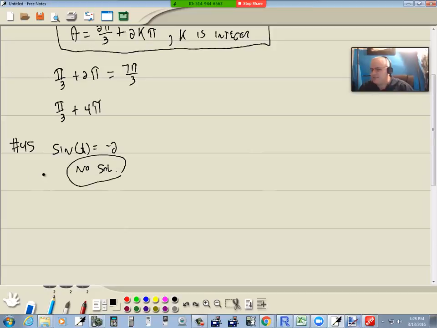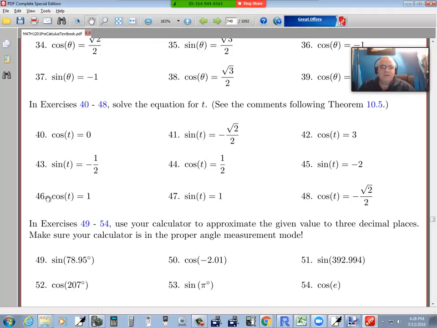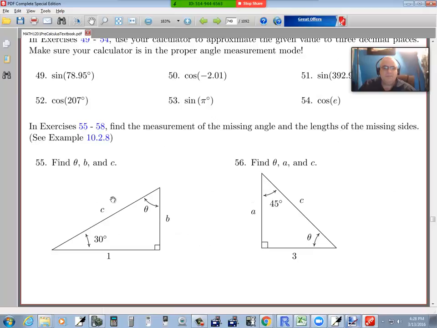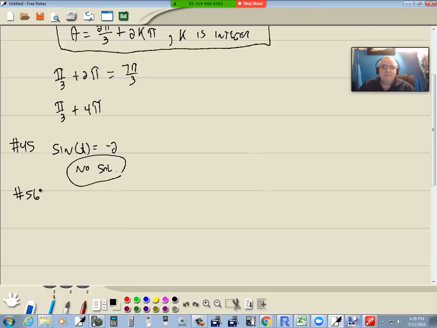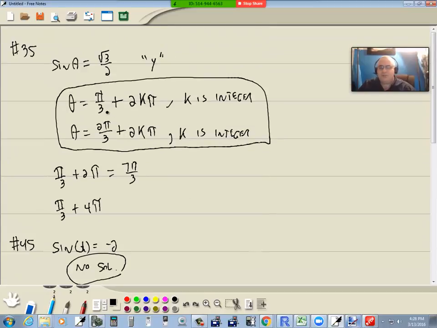And number 56. What's 56 say? It's a triangle. Let me clear off my sheet just to make sure I have enough room.